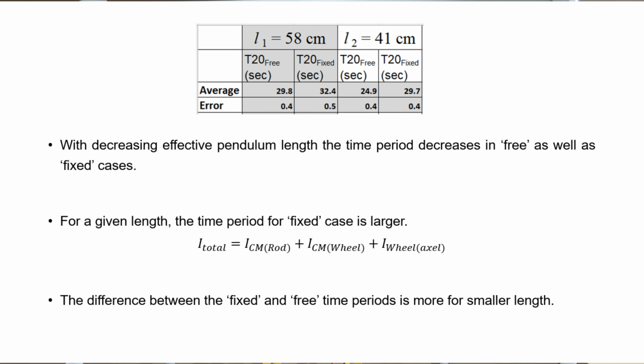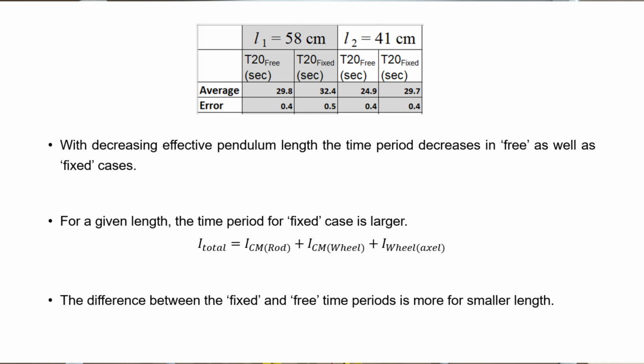One is the moment of inertia of the rod about the point of suspension, second is that of the center of mass of the wheel about the point of suspension, and third, the moment of inertia of the wheel about its own axis. This third part contributes only when the wheel is fixed with respect to the rod. So that's why we get a larger time for the fixed case.